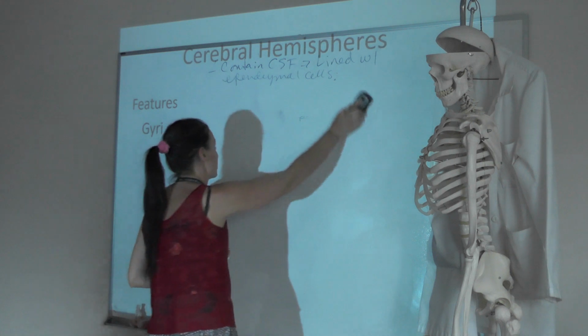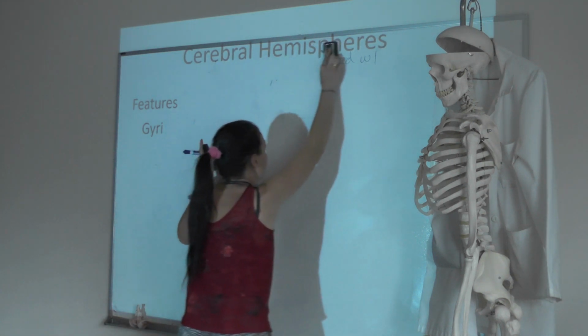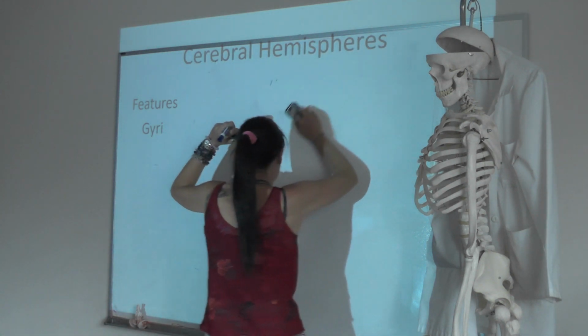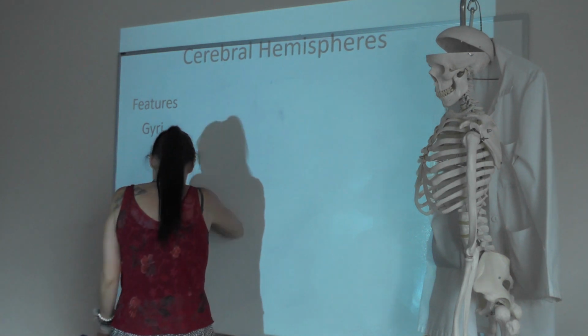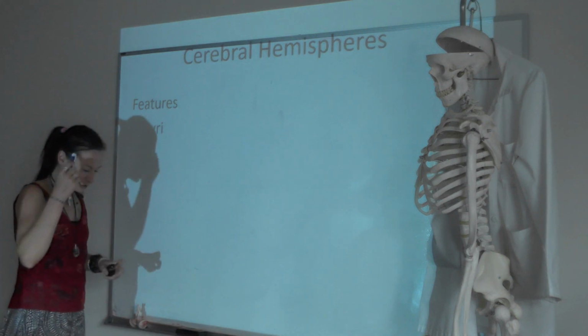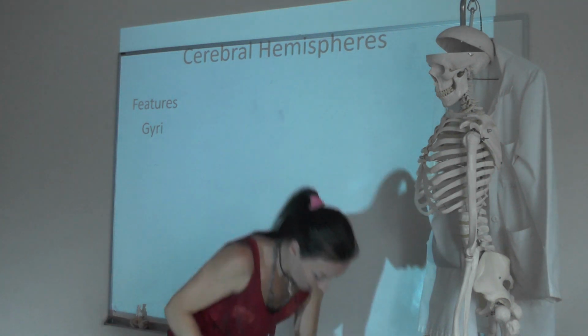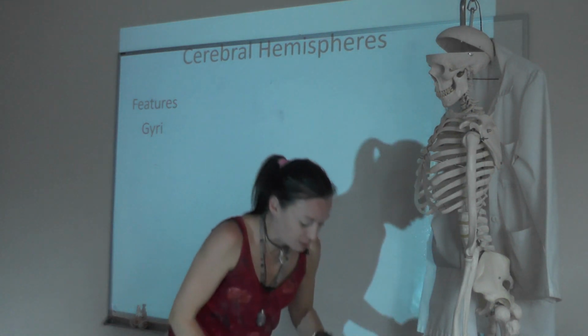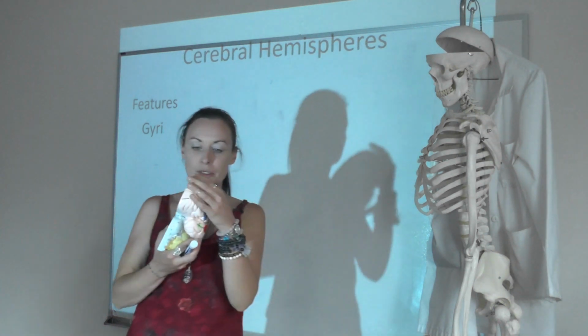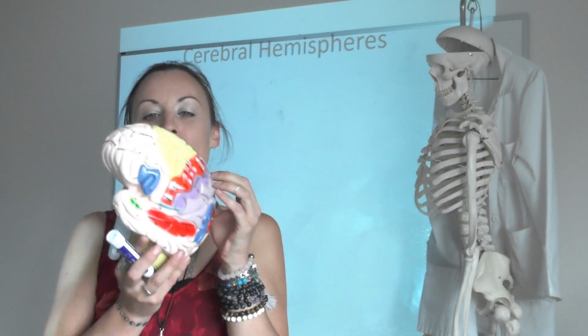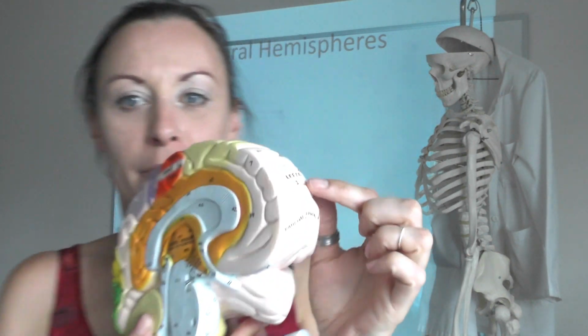First, let's look at the cerebral hemispheres. The cerebral hemispheres are the coolest thing ever. All of the most important parts of you, everything that you associate with being you, your personality, your decisions, your sensory perception, is all happening right here in like 2 millimeters of gray matter.